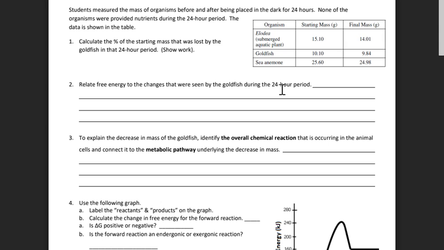Let's do the second part of that. Identify the overall chemical reaction. If this was a question on an AP Chem exam and I taught you the exact same stuff, you would get this. But because it was on a biology exam, quite a few of you missed it, and I wanted to pull my hair out. It said, identify the chemical reaction.